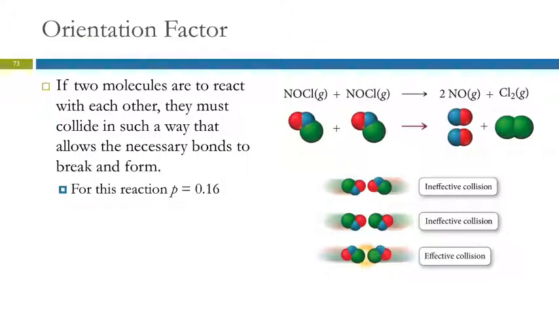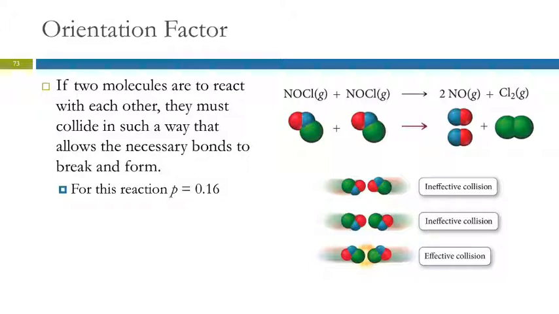So let's look at the orientation factor. The molecules have to be correctly oriented in order for them to react. Here we're looking at this specific reaction: NOCl plus NOCl gives 2NO plus Cl2. To react, they have to collide in the correct way. If they collide with the oxygens bumping into each other, that's not going to work.